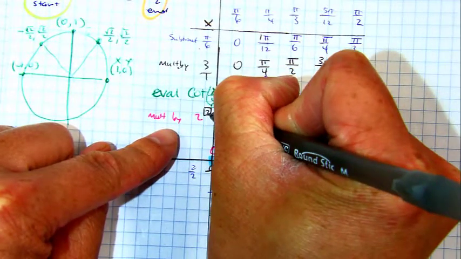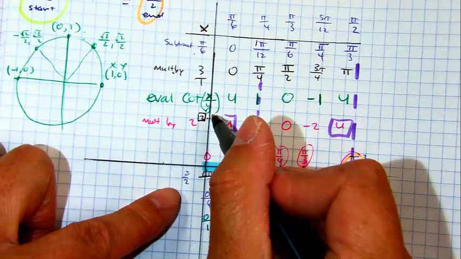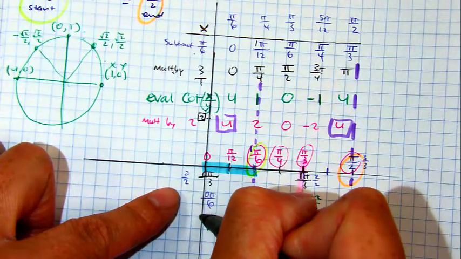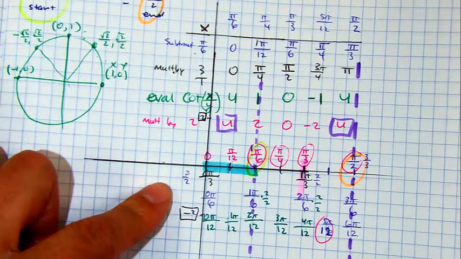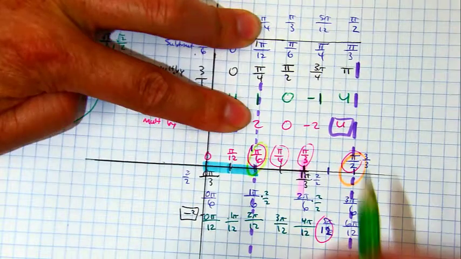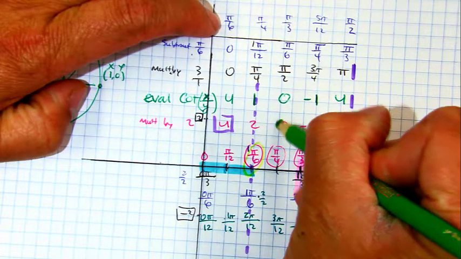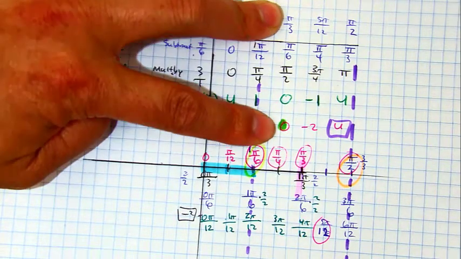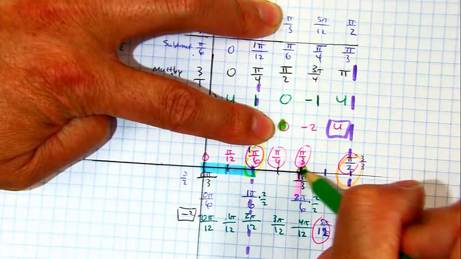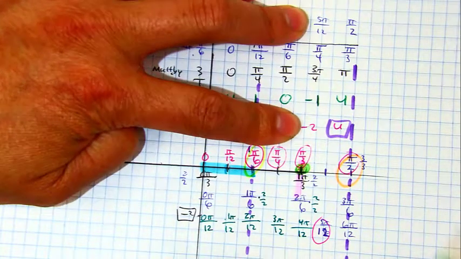I should have made my table way higher than the graph. Pi over 4 and 2. Pi over 3 and 0. 5 pi over 12 and negative 2.